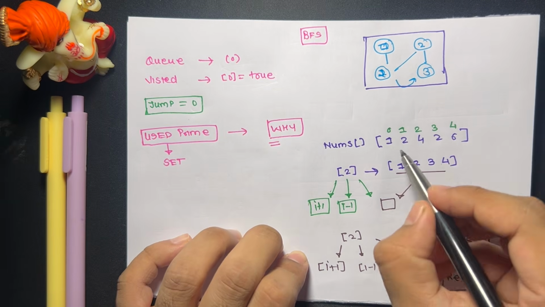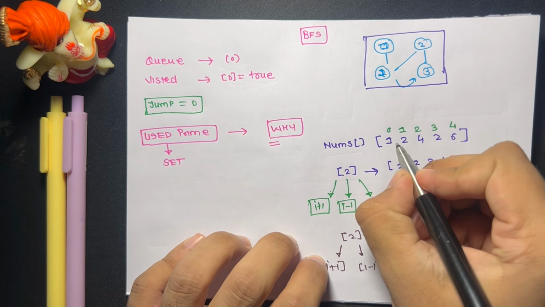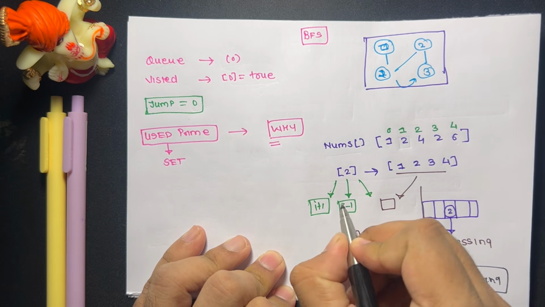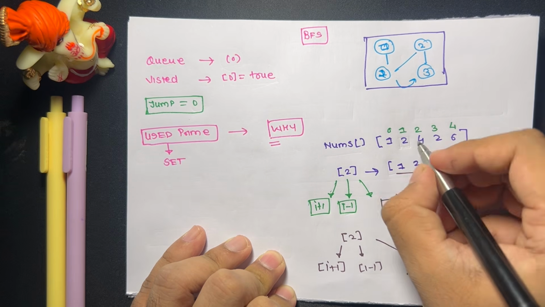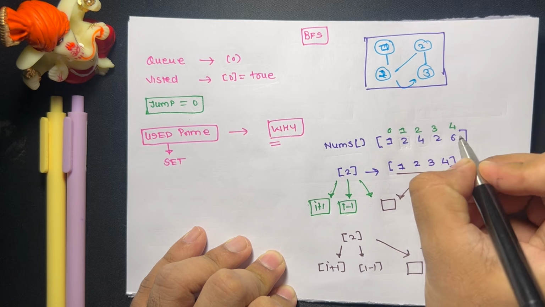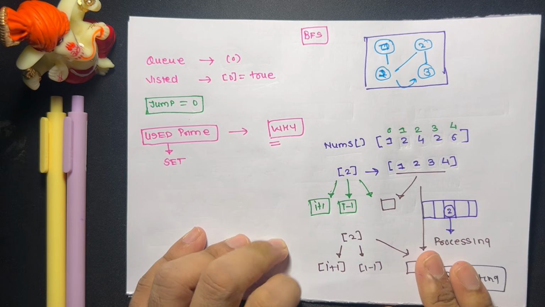Now check this. I have taken an array 1, 2, 4, 2, 6. Whenever we are processing 2, see where all we can go: I plus 1, I minus 1, and the prime factors array. Here you can see 2 is a factor for 2, 4, 2 and 6. So it can go to index 1, index 2, index 3, index 4, right?